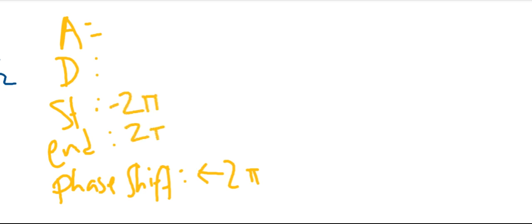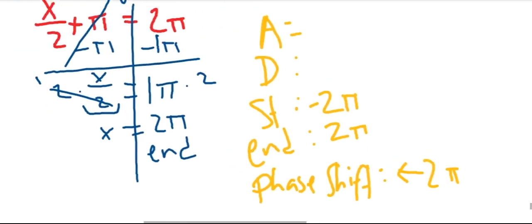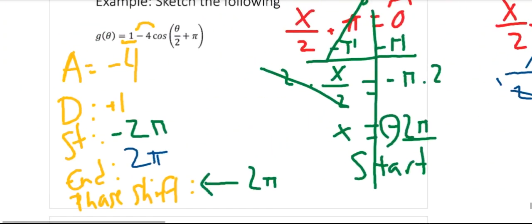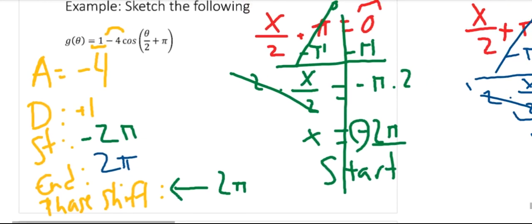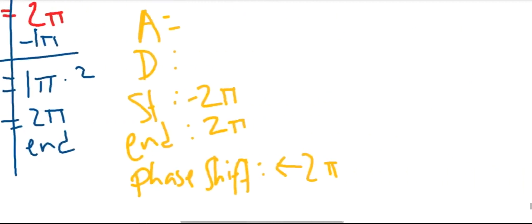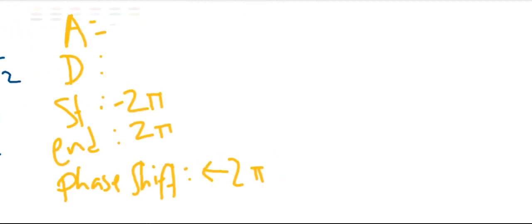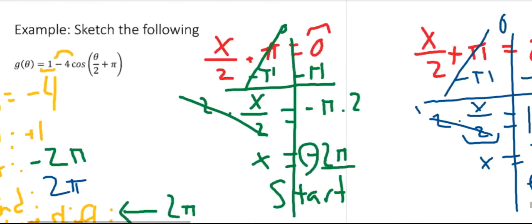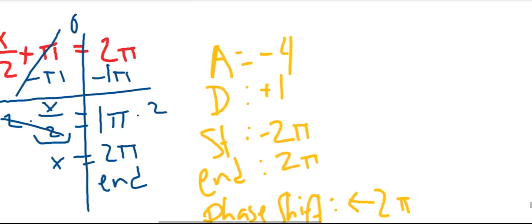The end is positive 2 pi based off of our work. The amplitude, the A, is equal to negative 4. The D is positive 1, and we're talking about cosine. Yes, we are. Okay, just had to make sure.